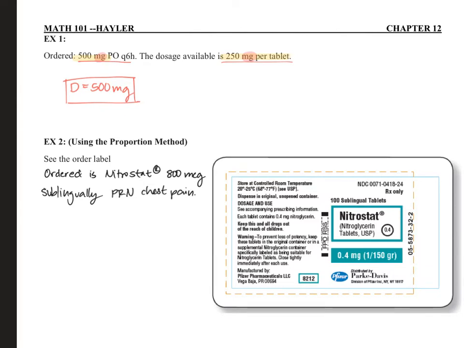All right, so this is what is ordered, and this image here is the drug that we have on hand. So we're going to have to see what we have on hand and compare it to what has been ordered.